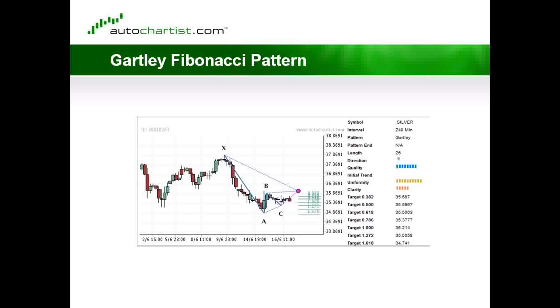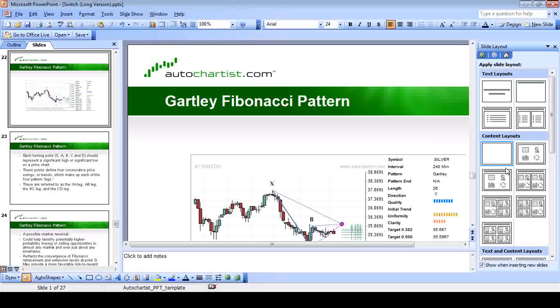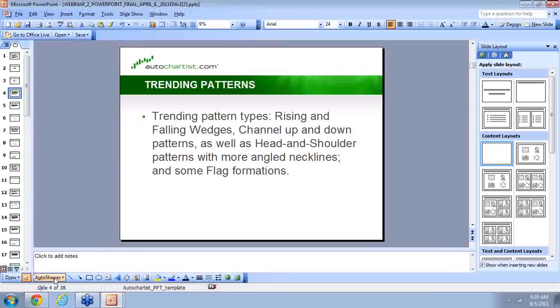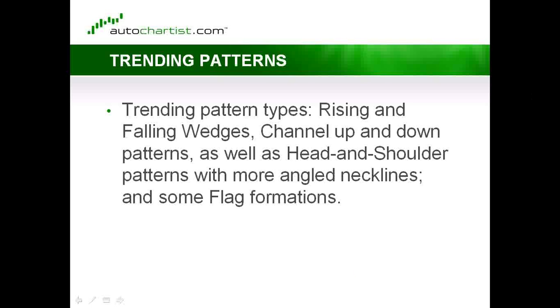Okay, so that gives you the background of Fibonacci. Then we'll switch to another scenario where we're going to review our trending patterns. And our trading patterns, as we talked about in previous webinars, are your trending and non-trending patterns. Okay, and this is before we go on to live data.